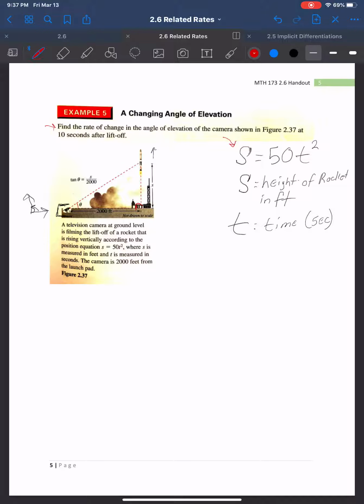Well, let's get back to the original question. It says, find the rate of change in the angle of elevation, right? So notice this theta symbol right here. Theta. So theta is the angle of elevation, right? The angle of the camera.